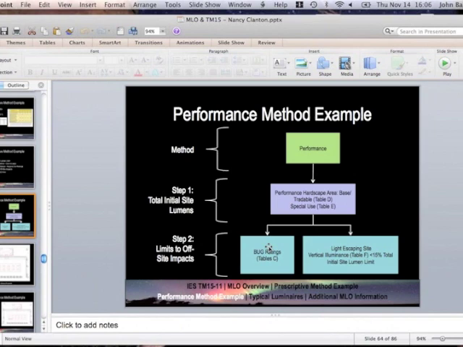We can repeat the BUG ratings like we just did, or we can put it through the computer modeling to see if the vertical illuminance escaping the site is less than 15% total of the site lumen limit. This particular one is a lot more complicated and involves computer programming.